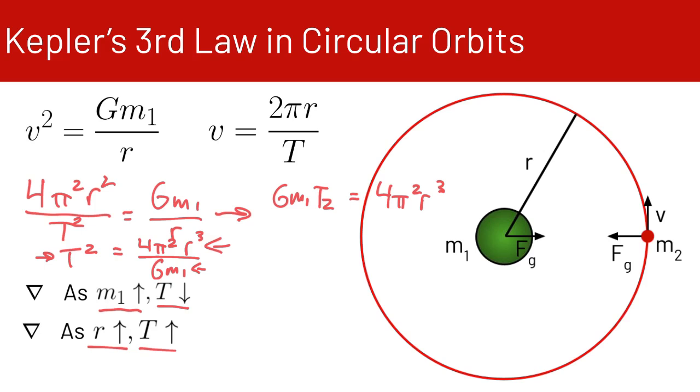In other words, as the mass of the central body, the planet, gets bigger, the time it takes for the satellite to orbit around it gets smaller. And as the radius, the distance from the central body, gets larger, the time it takes for the satellite to go around it takes longer. So mass gets bigger, the time it takes to go around gets shorter, and as the radius gets bigger, the time it takes for the satellite to go around gets longer.